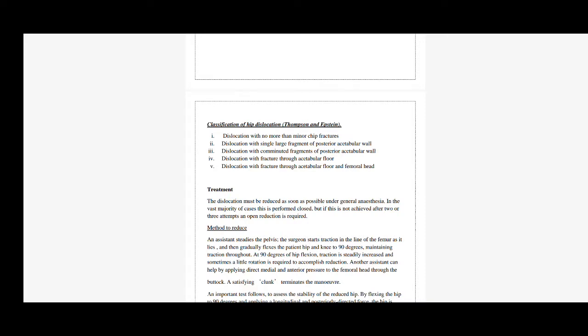Type 3, dislocation with a comminuted fragment of the posterior wall. Type 4, dislocation with fracture through the acetabular floor, more central. Type 5 is dislocation associated with femoral head fracture or even femoral neck fracture. So this is the fracture dislocation and the more complex one.